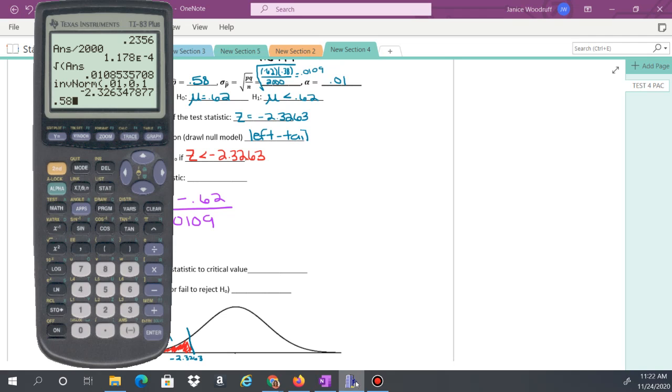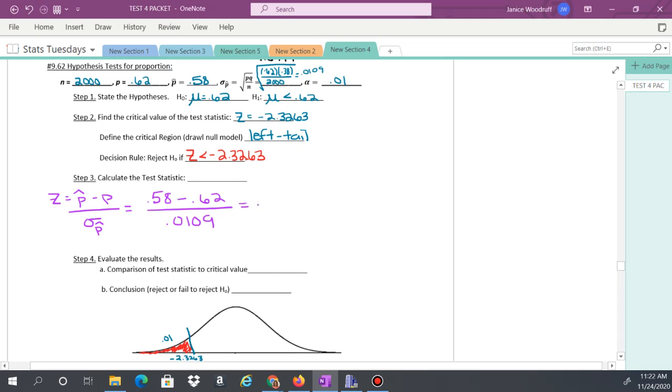So 0.58 minus 0.62 divided by 0.0109. So negative 3.67. That is our test statistic.